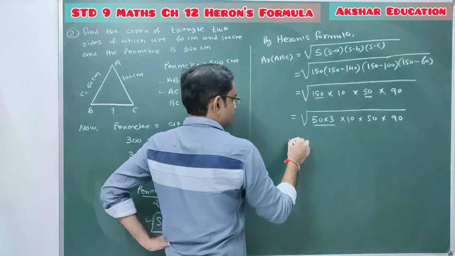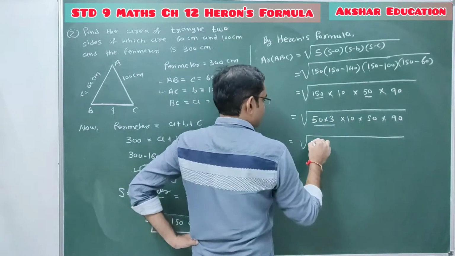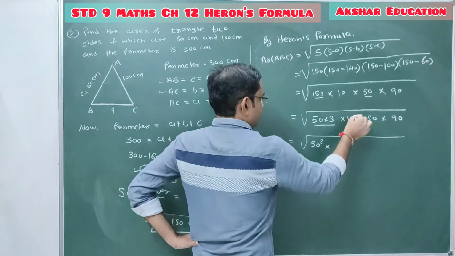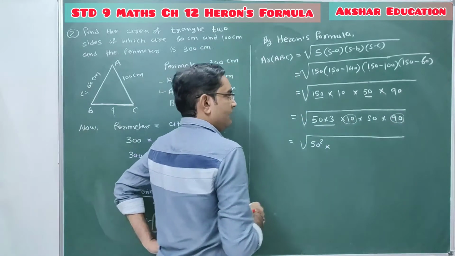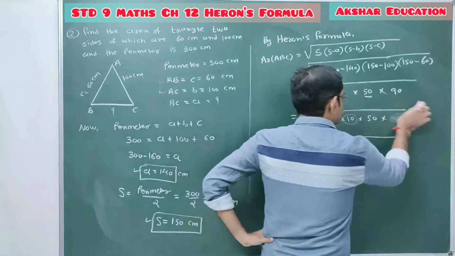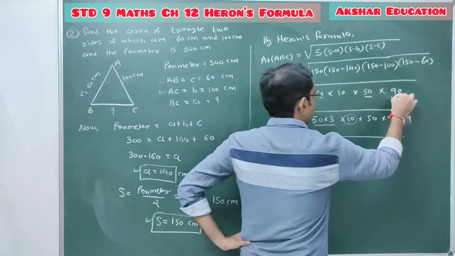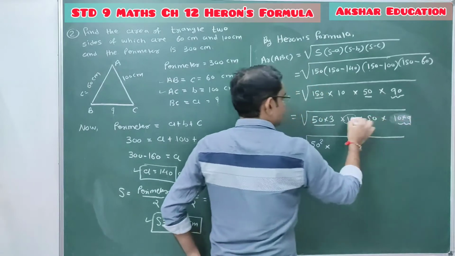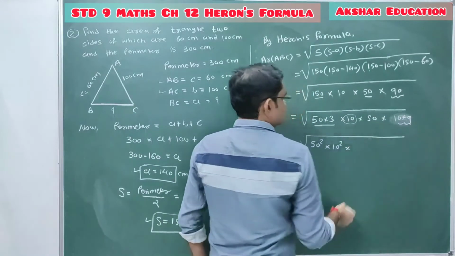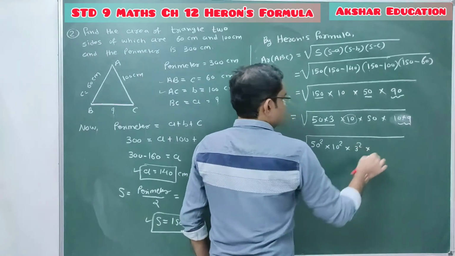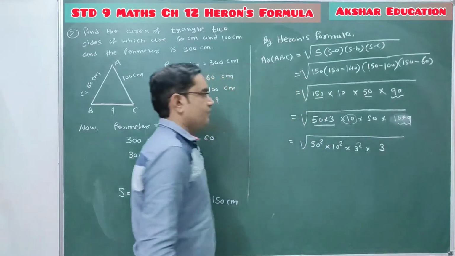So now we are getting the perfect square numbers. How? 50 into 50, 50 square, and this 10 into 90, or you can write this 90 as 10 nines are 90. So this is 10 into 10, 10 square, and this 9 as 3 square, and the remaining 3 remains.